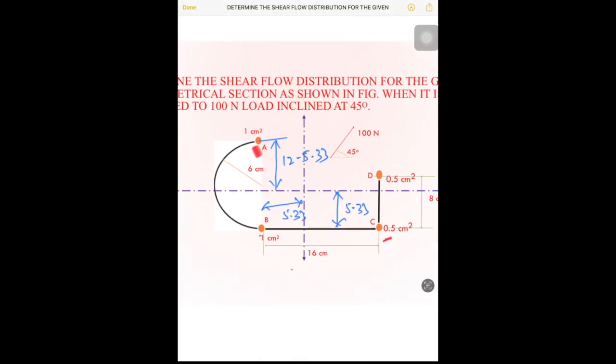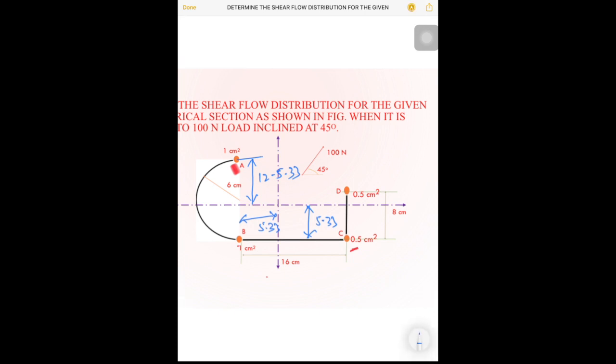And also you need to know that this is our neutral axis, and this is our first quadrant, second quadrant, third quadrant, and fourth quadrant. Whatever distance you take in the first quadrant, both x and y will be positive; in the second quadrant x will be negative and y positive; in the third quadrant both x and y are negative; and in the fourth quadrant x will be positive and y negative.